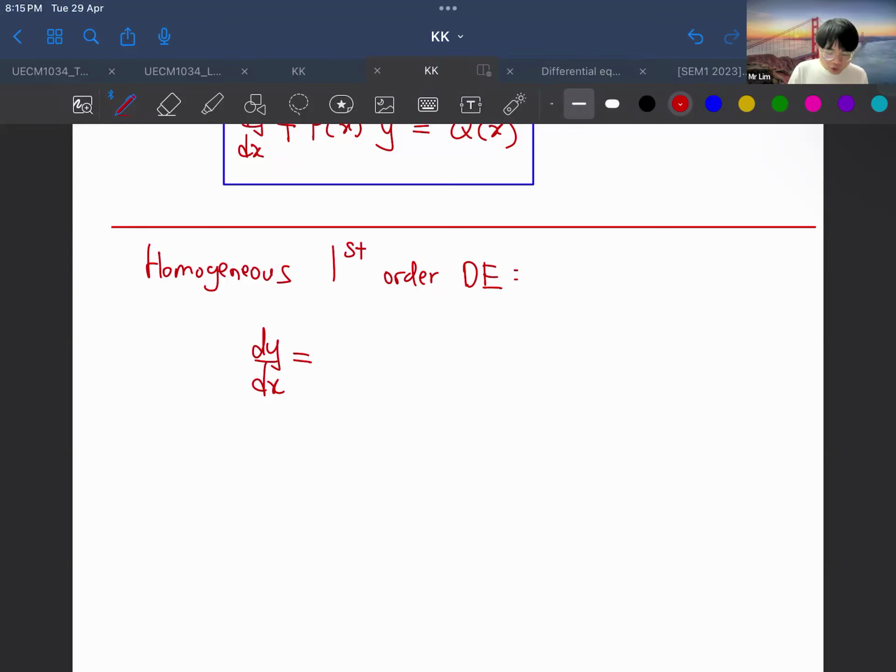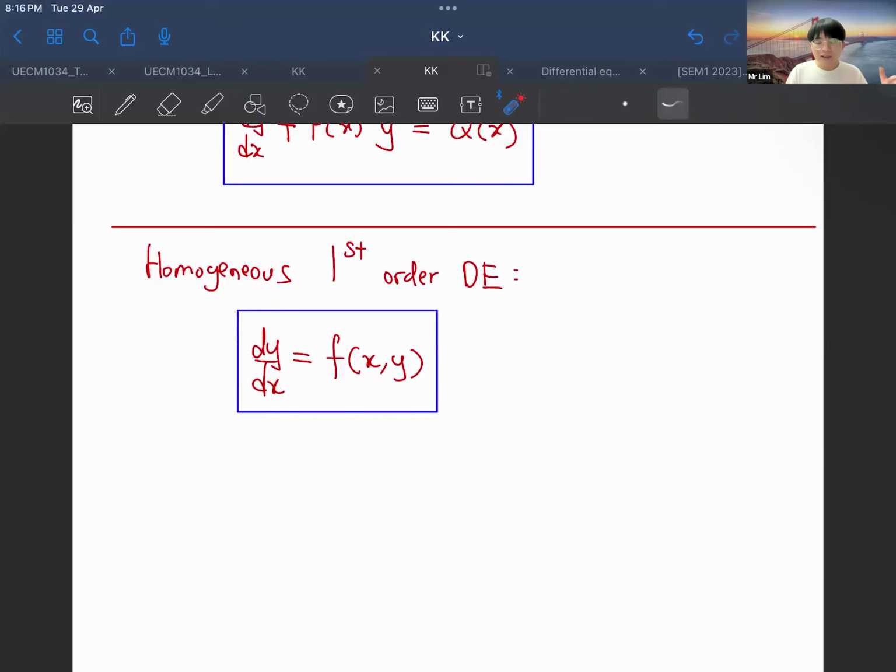You might be asking, what is f(x, y)? But the basic definition would require you to at least write it this way.